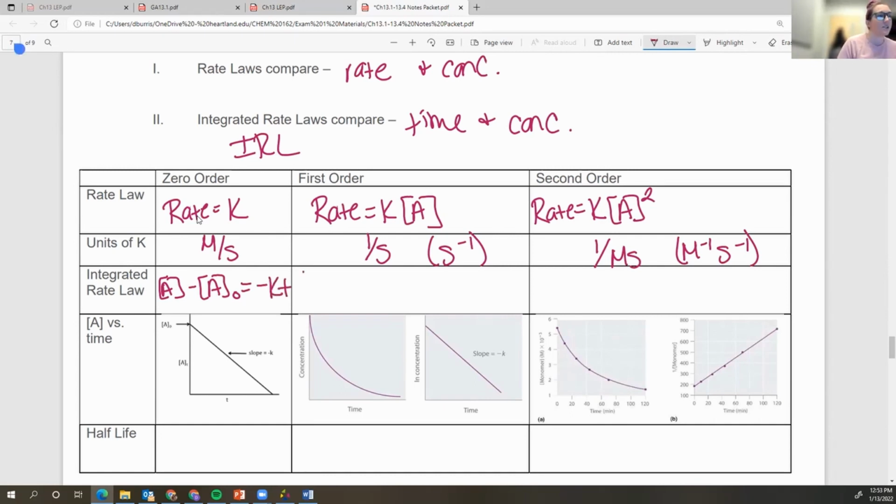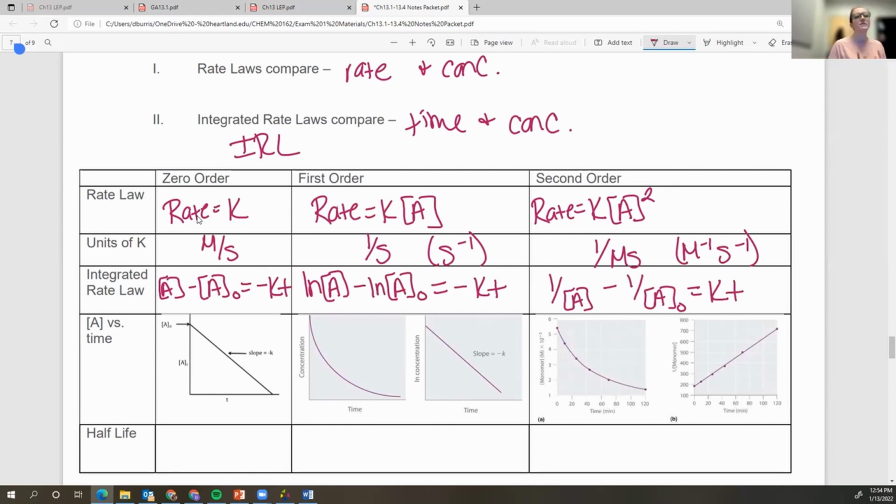Okay, first order is a natural log relationship. It's the natural log of concentration of A minus the natural log of the concentration of A naught, meaning the concentration I started with, equals negative KT. And second order is an inverse relationship: 1 over the concentration of A minus 1 over the concentration of A naught, my initial concentration, equals KT.